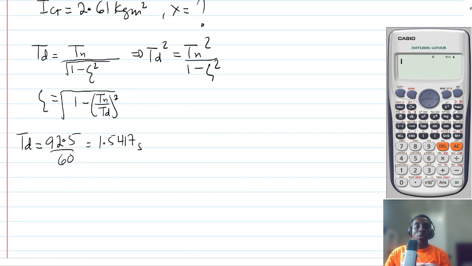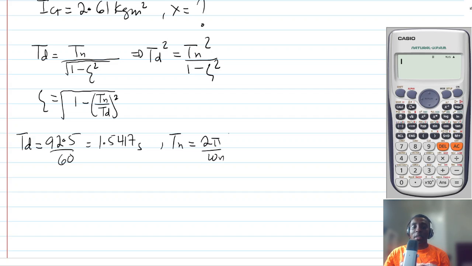Now we have to calculate Tn, the period of the natural frequency, which comes from 2 pi divided by the natural frequency.